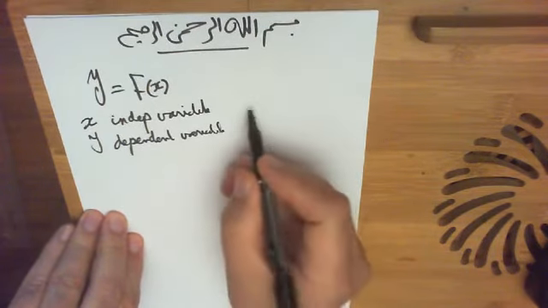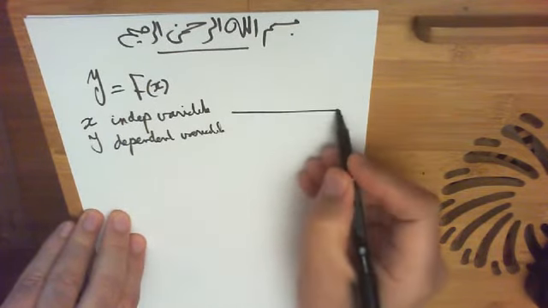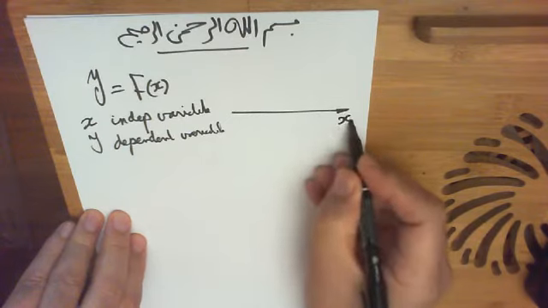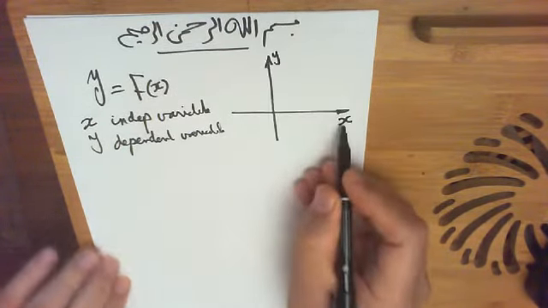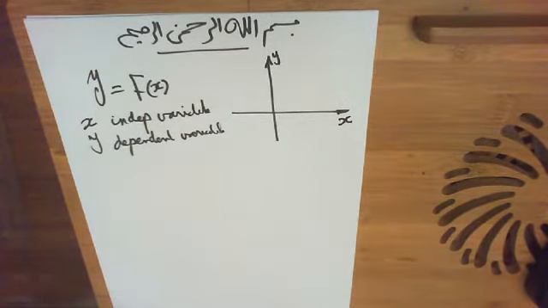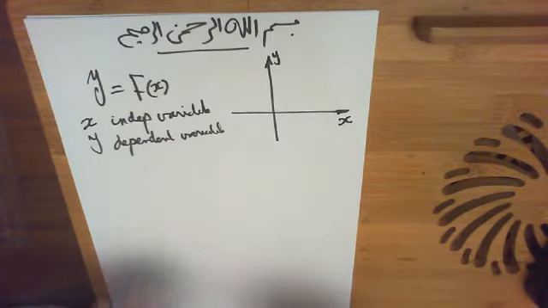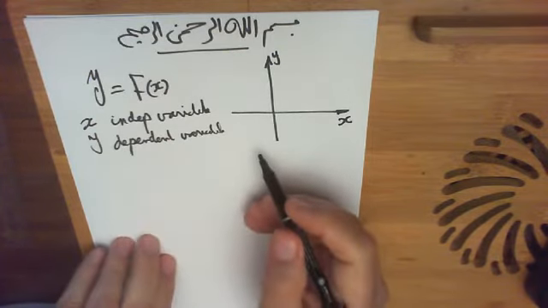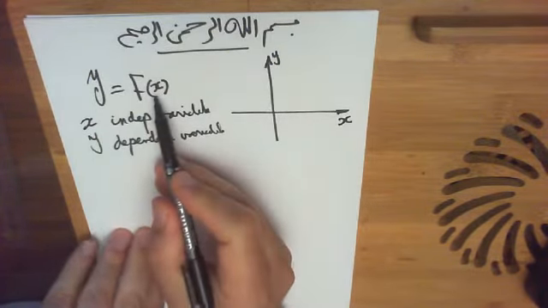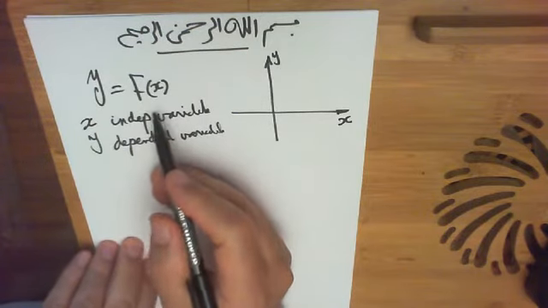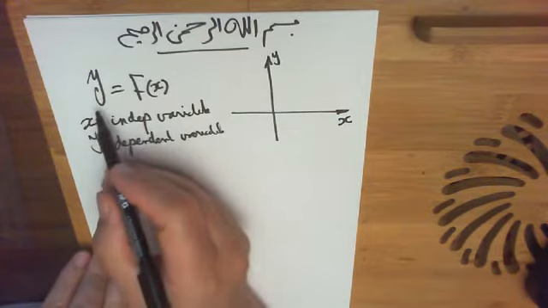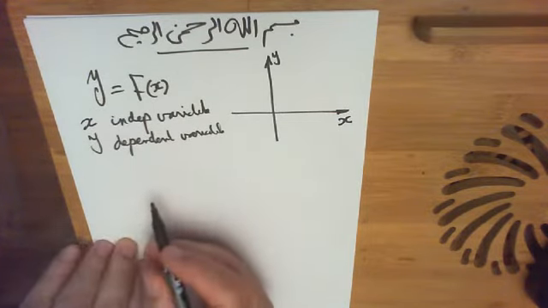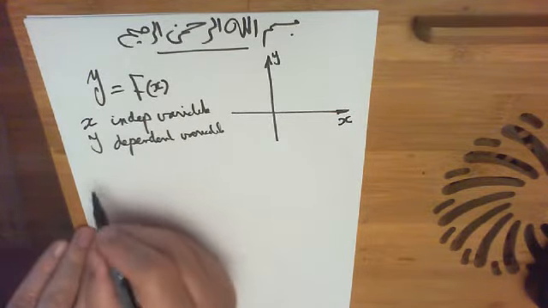When we make the graph, we consider x as the horizontal axis and y as the vertical axis. So the horizontal axis is assigned for the independent variable, while the vertical axis is assigned for the dependent variable. Also the values of x construct what is called the domain, and the corresponding values of y construct what is called the range.